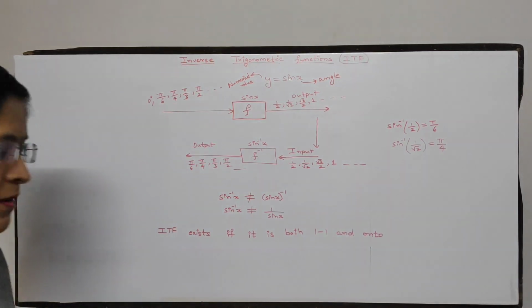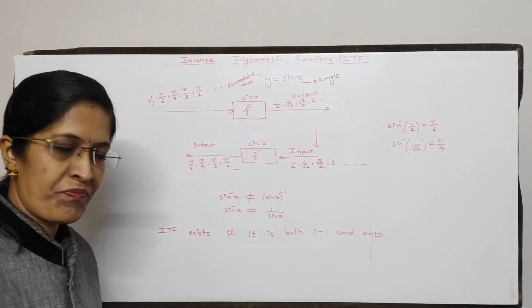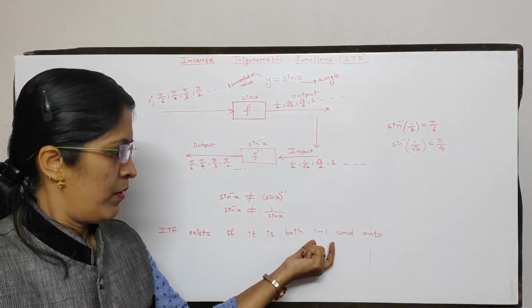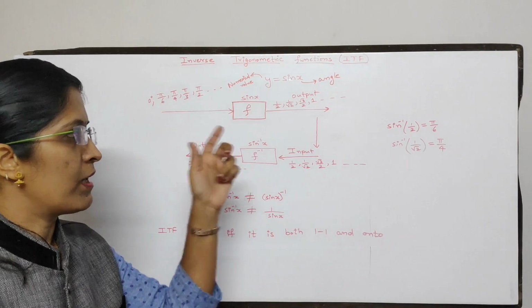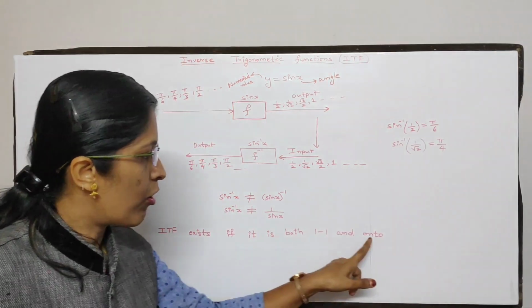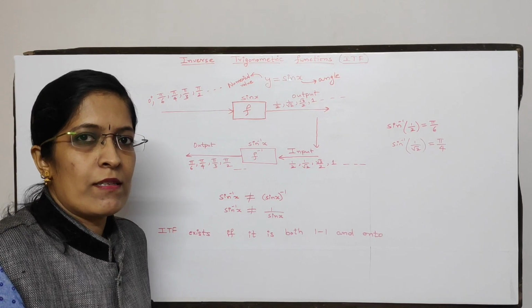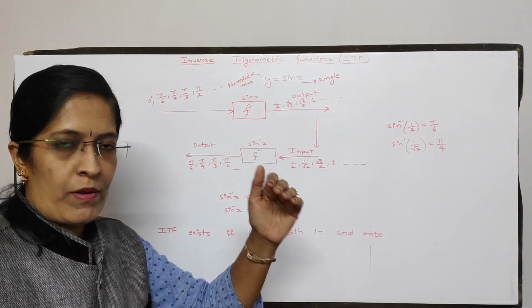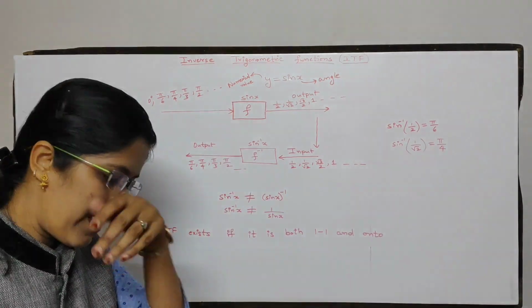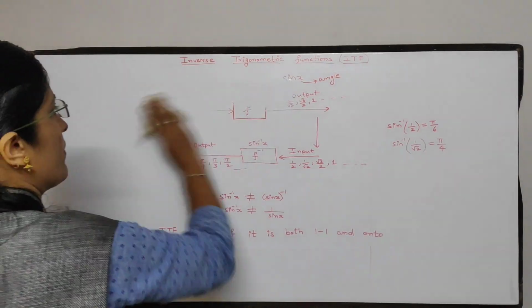Now let me take many examples and check if I take only a 1-1 function, whether the inverse exists or not, or if I take only an onto function, whether the inverse exists or not. Let me perform certain cases here, and then things will be more clear.